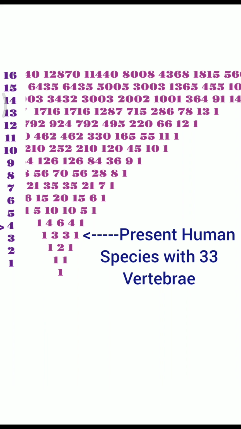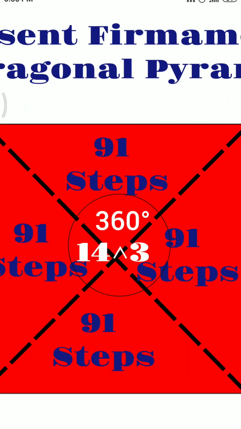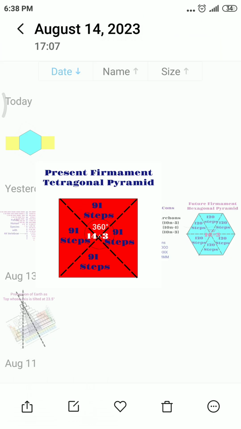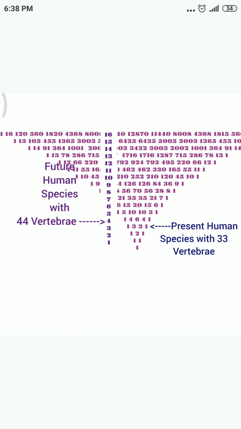So this adjustment takes place, in the sense that 91 into 4 is 364. So this perfectly represents the 14th step here.